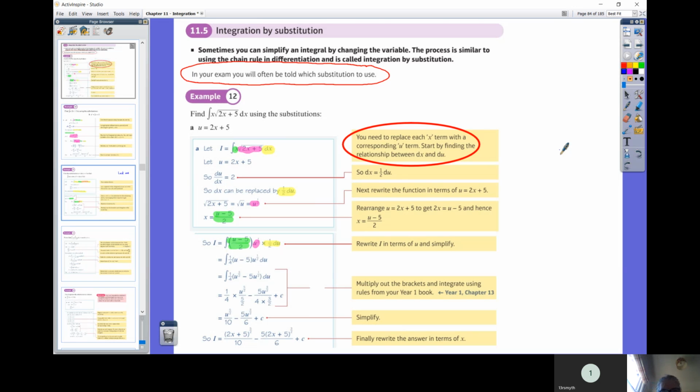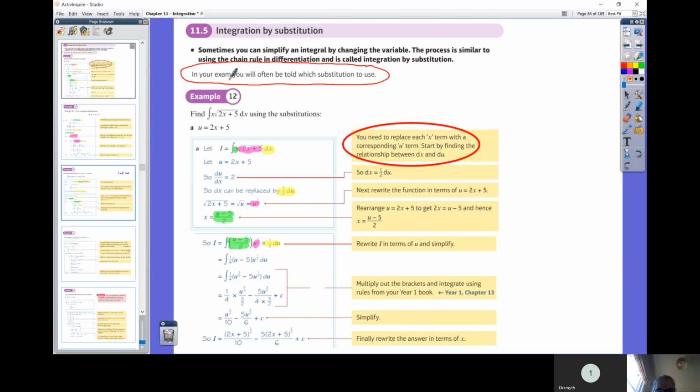So this is the next bit that we'll need to look at when you've had a chance to do the bits before. Sometimes what you need to integrate can be quite complicated, and you can make it simpler by using a substitution. On the vast majority of occasions in the exam, they would tell you what substitution to use.